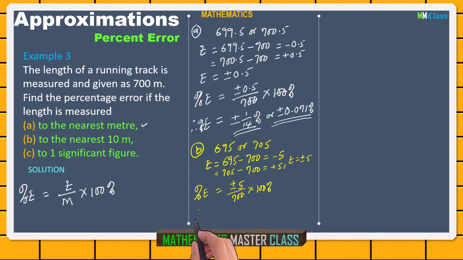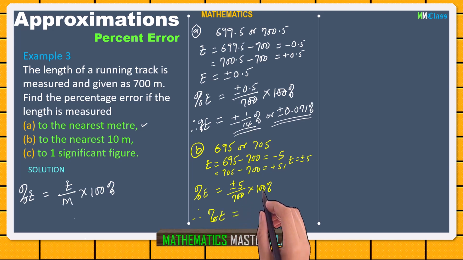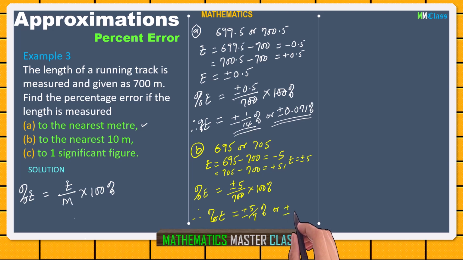Therefore the percentage error will be equal to, this 700 cancels, so we are going to have plus or minus 5 over 7 percent as our answer, or plus or minus 0.714%. So you can take any of these answers.